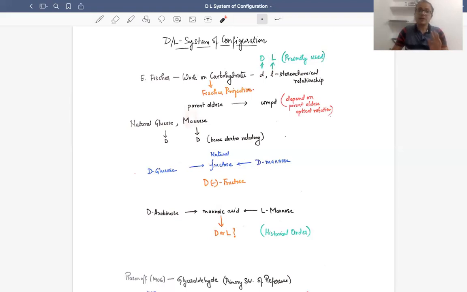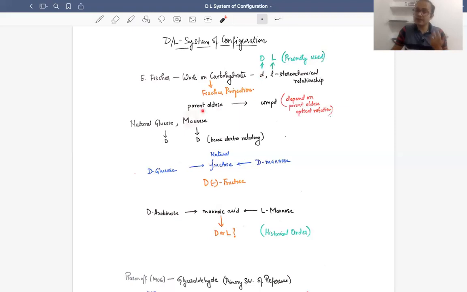Now here, an important thing that we should try to understand is the basis of assigning these D and L configurations. So basically he said that it all depends upon the optical rotation of the parent aldose. What do you mean by that?